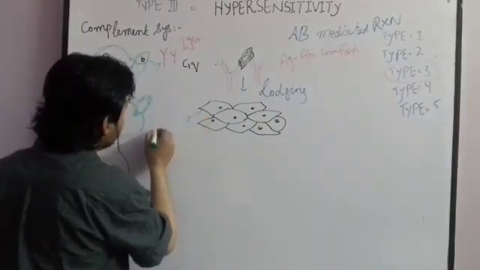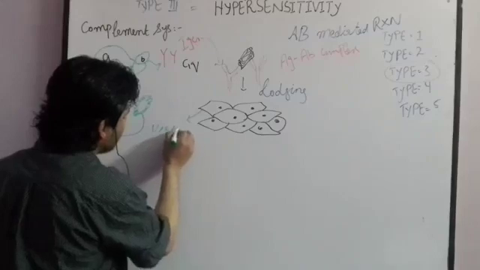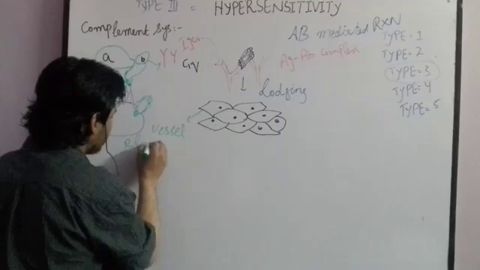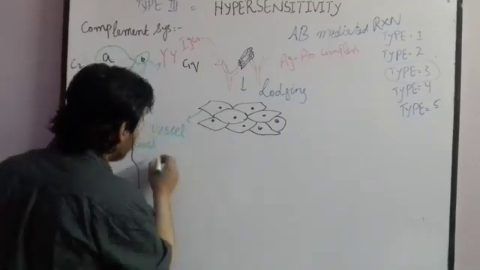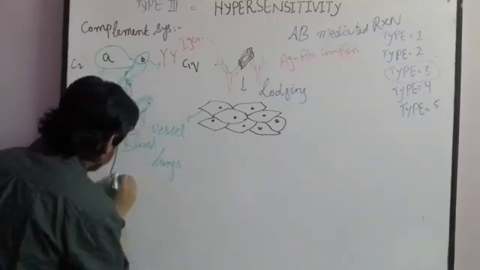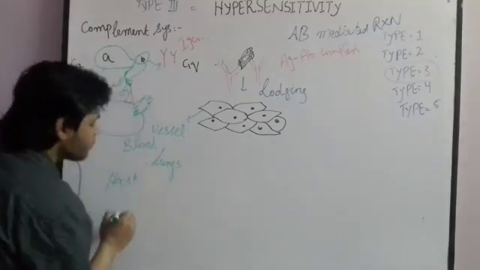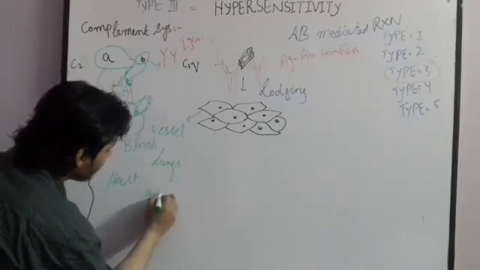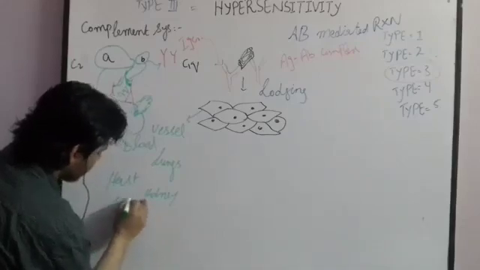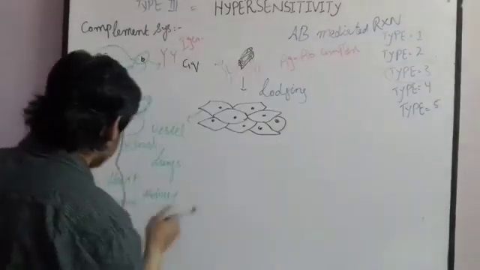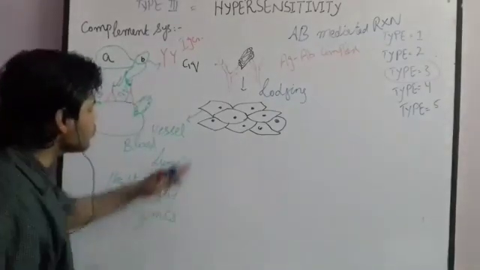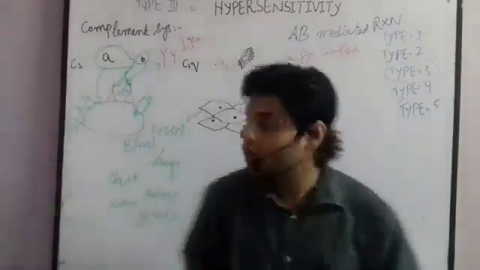So these tissues will be blood vessels, lung tissue, heart, kidney, skin, and joints. So these are the tissues.